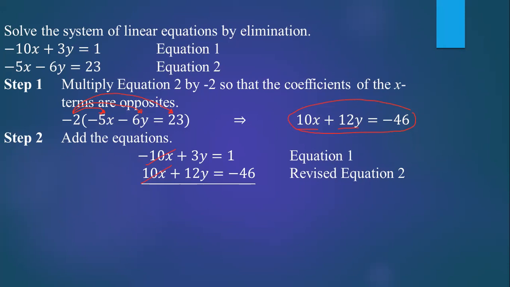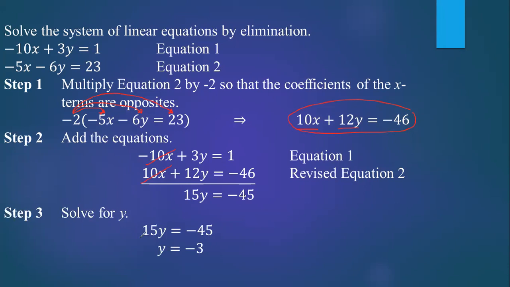Okay, since we eliminated x, we will get the value of y. 3y plus 12y equals 15y, and positive 1 minus 46 equals negative 45. Okay, so 15y equals negative 45.